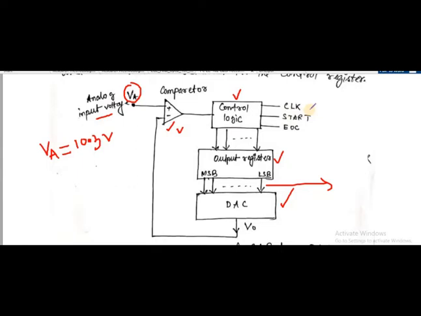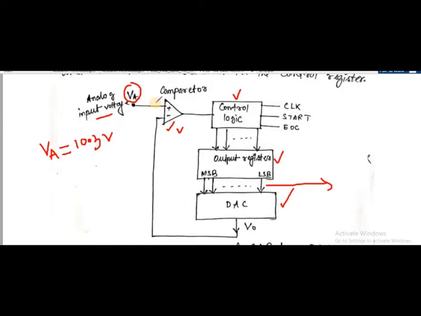Okay, so for the first clock cycle, what will happen? Since all the output register's outputs are 0 0 0, this 0 0 0 will be converted by this digital to analog converter. So the output voltage will be 0, and this 0 will appear here. Now this VA is 10.3 and this is 0. So which one is greater? Obviously the voltage at the non-inverting terminal is greater.